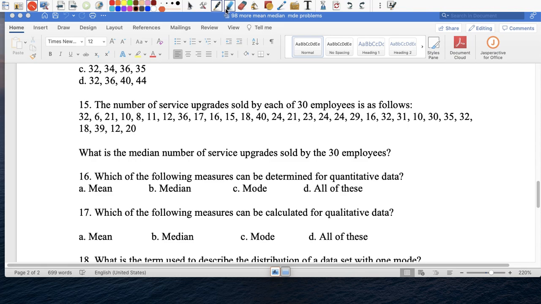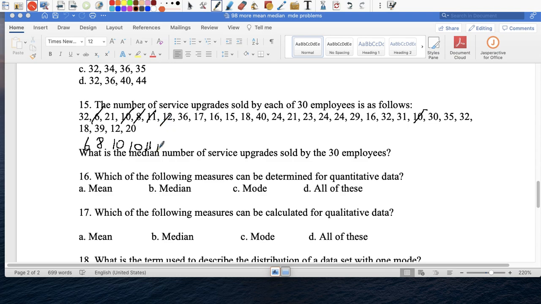Oh, I have to put this in order. All right, 6, 8. Let's look at the teens. So we have 10, and there's another 10. There's 11.